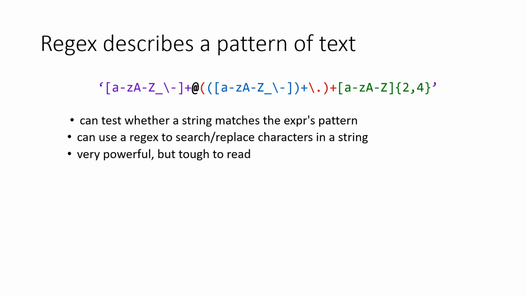And the reason that that's useful is you can test whether a particular string matches an expression's pattern, and you can use a regex to search and replace characters in a string. And as you may have noticed, it's very powerful but tough to read. And by the way, this example here should also match email addresses. You can actually see the @ sign here. But there are definitely email addresses on which this fails.